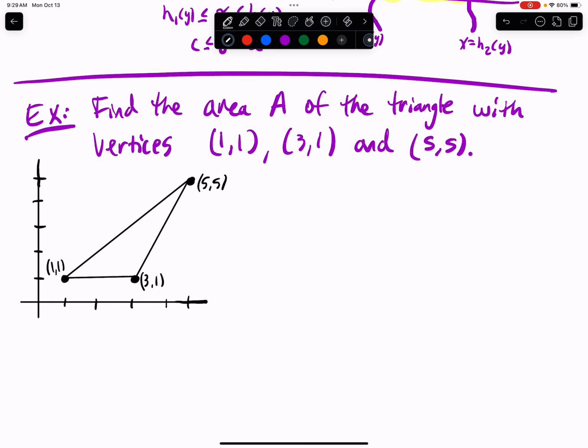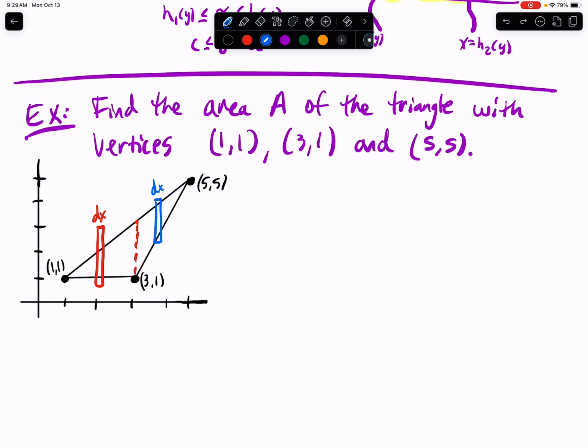Whenever I look at this, if I was going to do dx slices like in Calc 1, it looks like this thing would turn into two different tops. We'd have to have a new integral here because the bottom is not the same for those two. The tops are the same for both of them, but the bottoms are different. So we'd have to have two separate integrals.